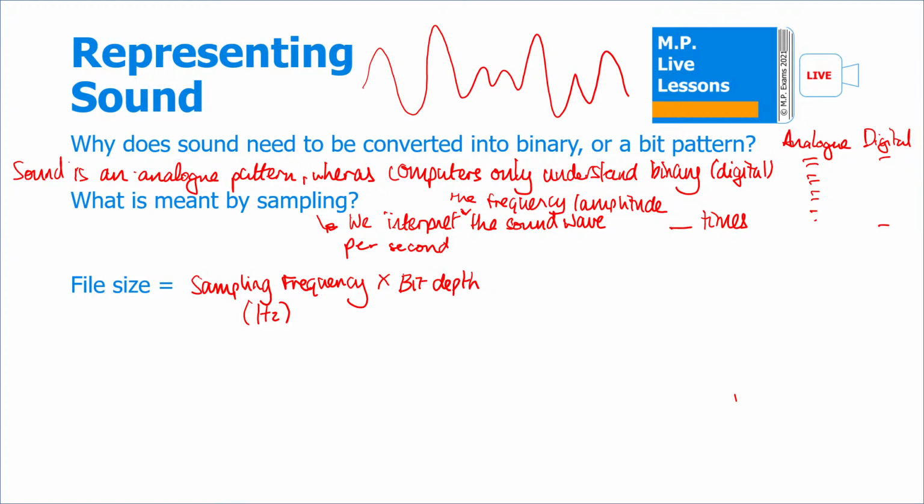For example, if you have more bits, the file size will be bigger, but the sound file will sound much better or closer to the original because it can measure much more in between, if you like. And then lastly, you multiply this by the duration, like for how long the recording is, which is in seconds.